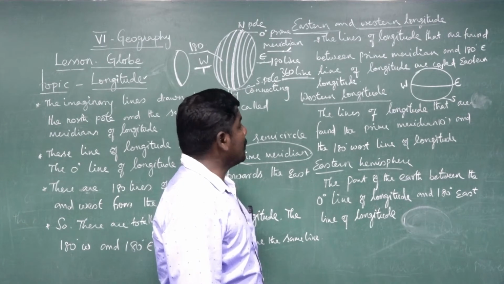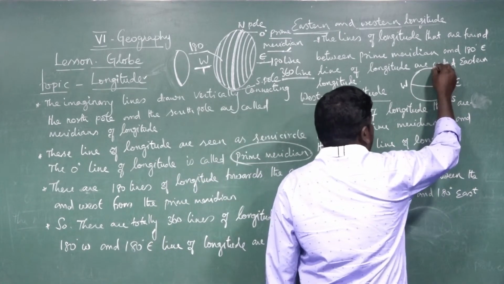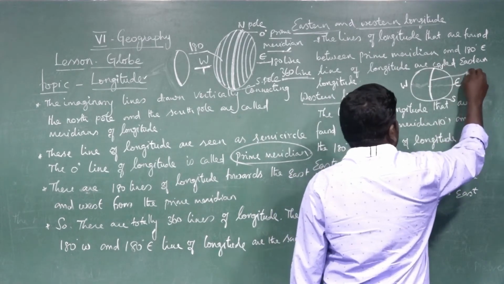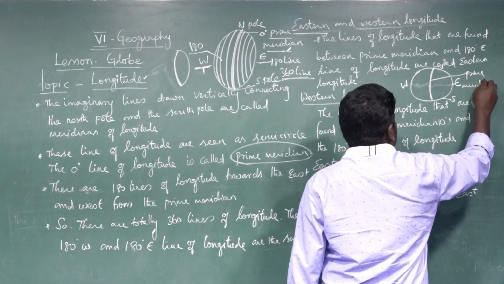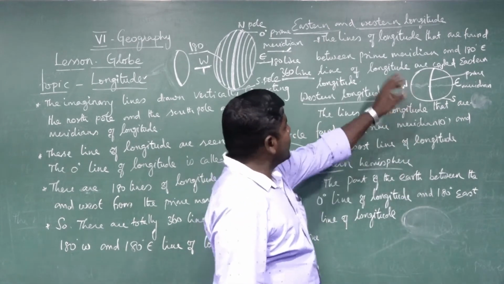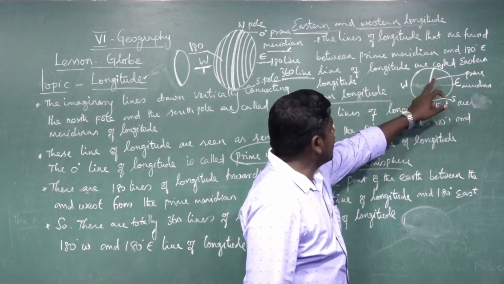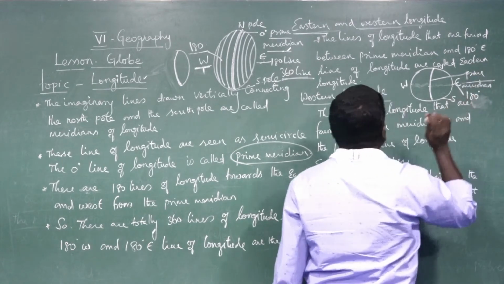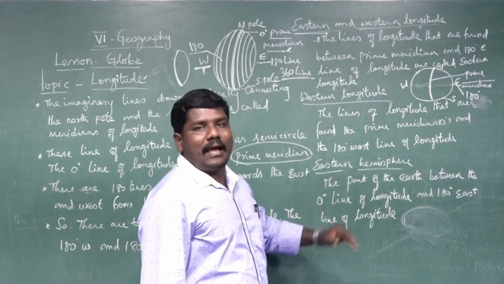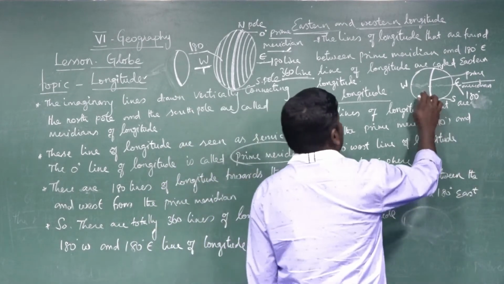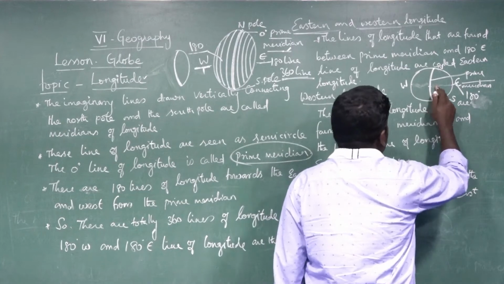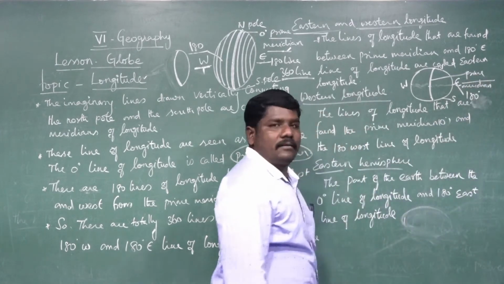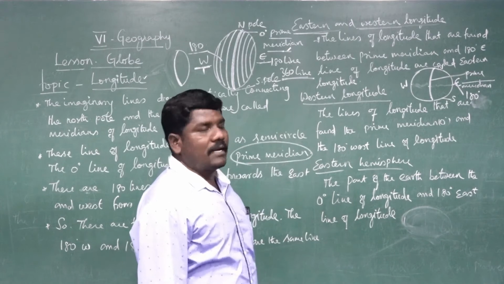The lines of longitude that are found between the prime meridian and 180 degrees east are called eastern longitudes.